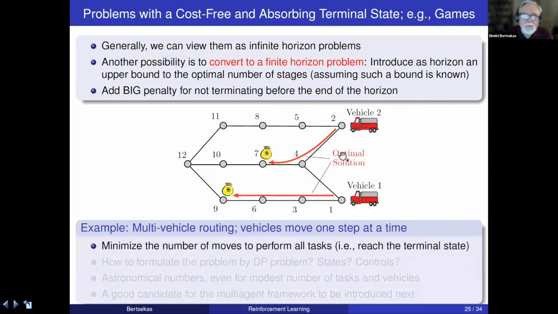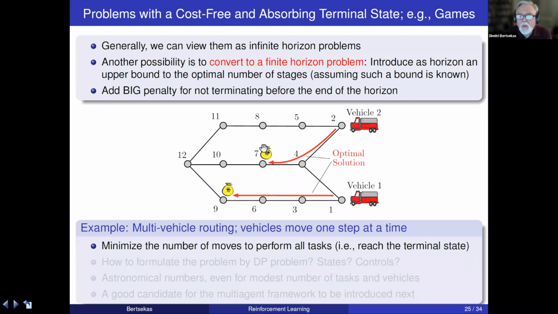Here's an example. This is a multi-vehicle routing example where you have a number of vehicles that move within a graph, let's say a road network if you'd like, and they want to execute some tasks collectively.